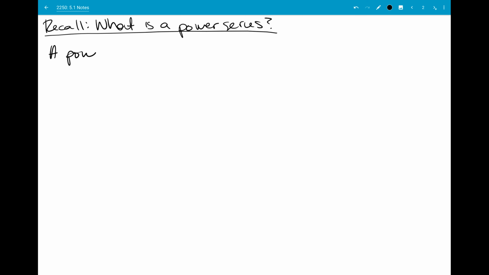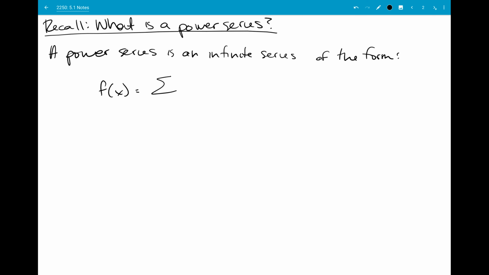A power series is an infinite series that has this special form to it. It's some function of x, and it's an infinite sum. That's what a series is. And then it's going to look like this: some c sub n times x minus a to the nth power.